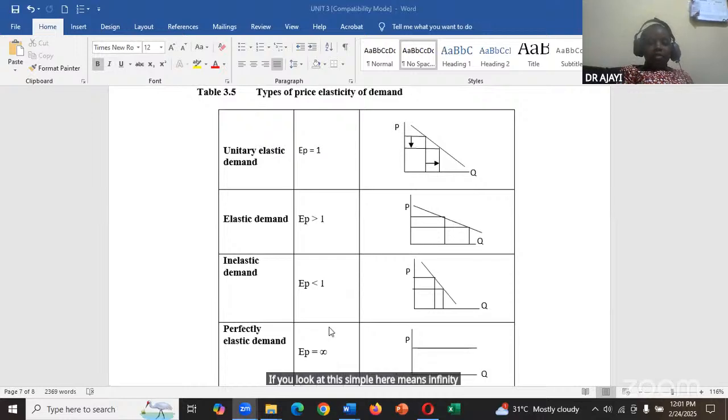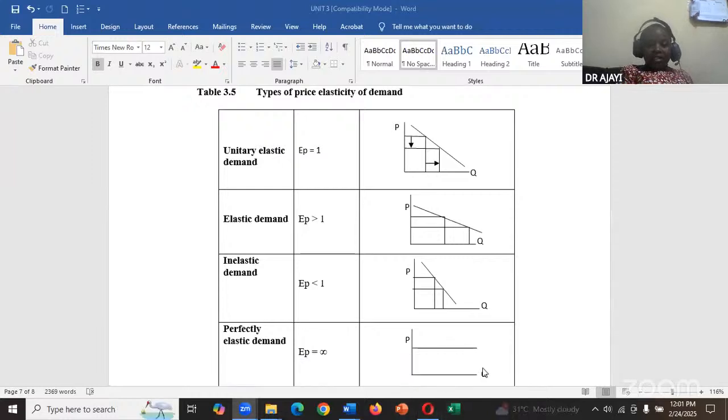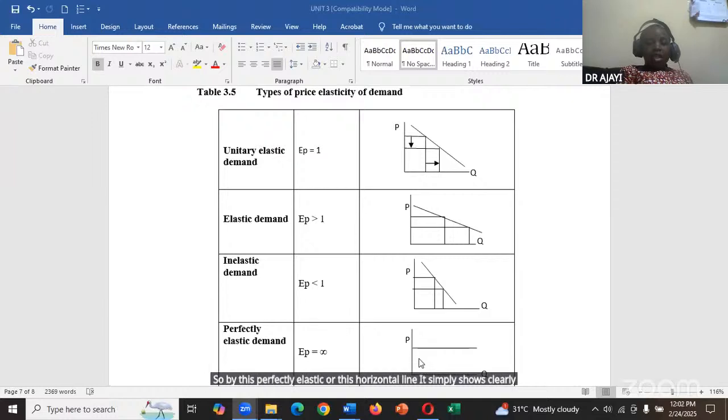It simply means for a particular price, you are so used to buying at a particular price, but once there is a little or marginal change in price, quantity demanded will react indefinitely. So by this perfectly elastic or this horizontal line, it simply shows clearly that quantity can be here, it can be here, it can be at any point.